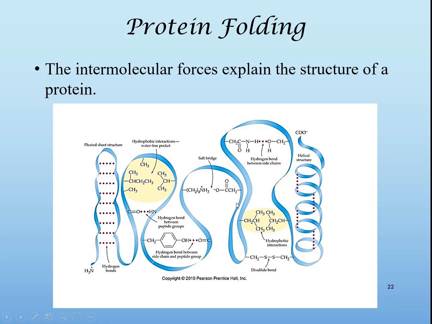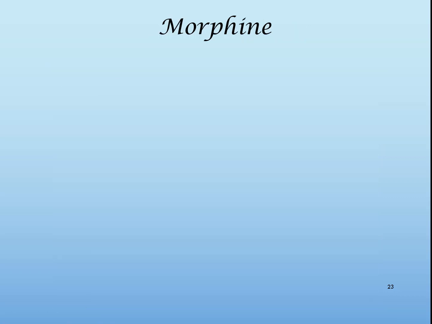The same thing we see here for two isobutyl type groups as well. All these kinds of interactions give the protein a particular folding, which allows ultimately for the functionality of the protein.